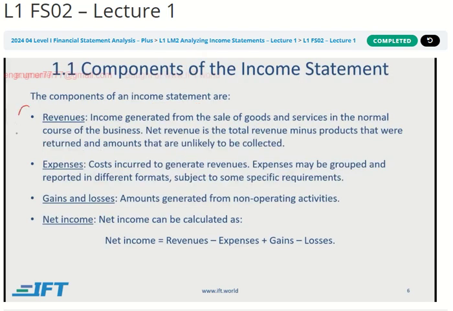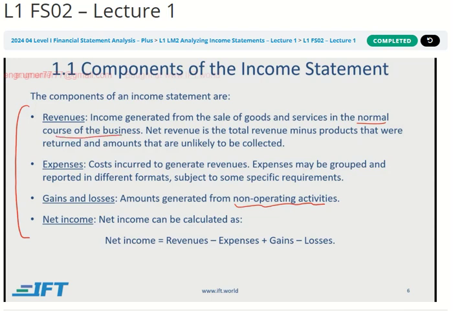So as discussed, the components of an income statement are revenues, expenses, gains and losses, which are related to non-operating activities. If there's money coming in from your related activities, from the normal course of business, that is going to be revenue, right?